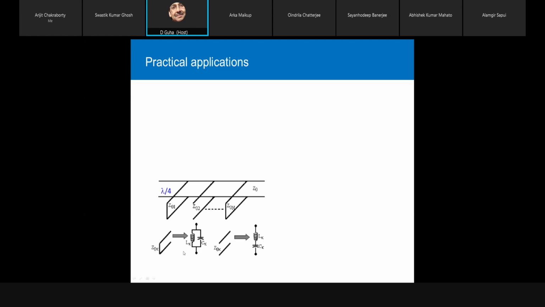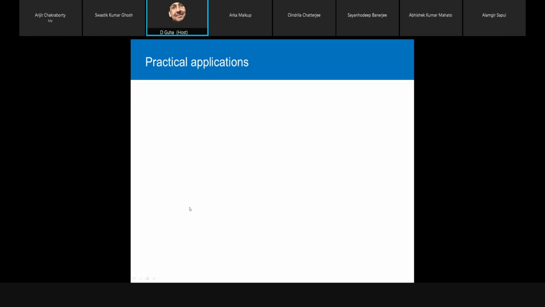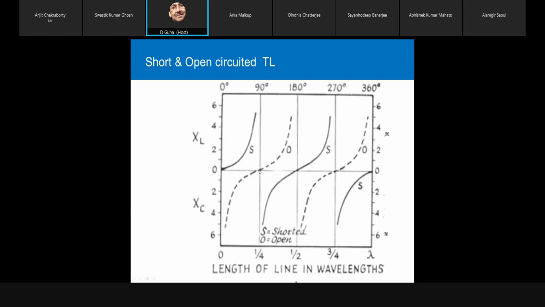Okay, so you will understand later that its equivalent circuit when it is lambda by 4 short circuited line. It is very high input impedance. When it is open circuited, it is zero impedance, right? Or very low impedance. So one is high impedance, one is low impedance.